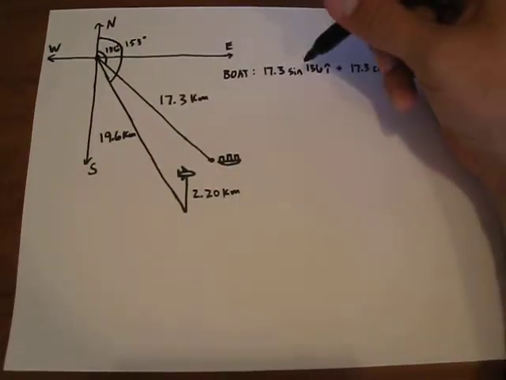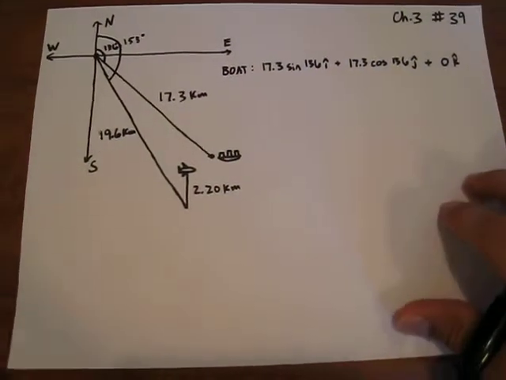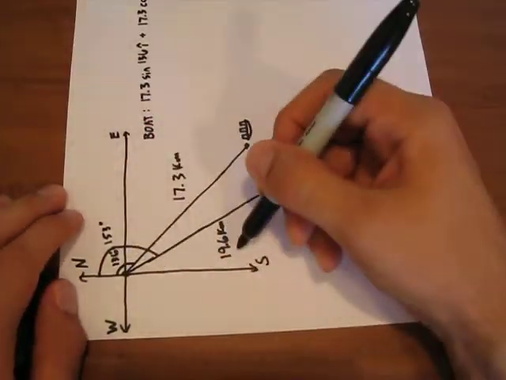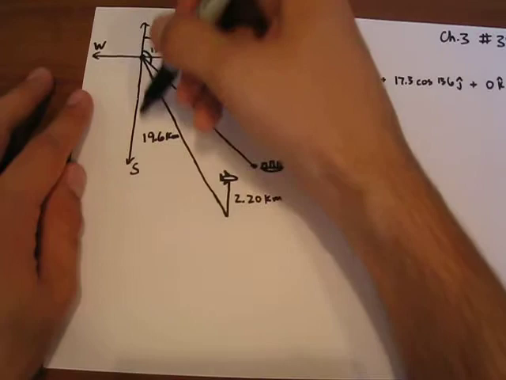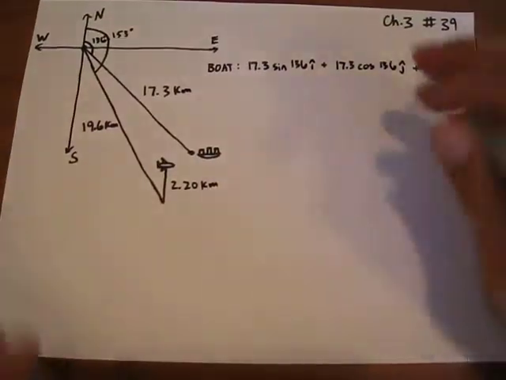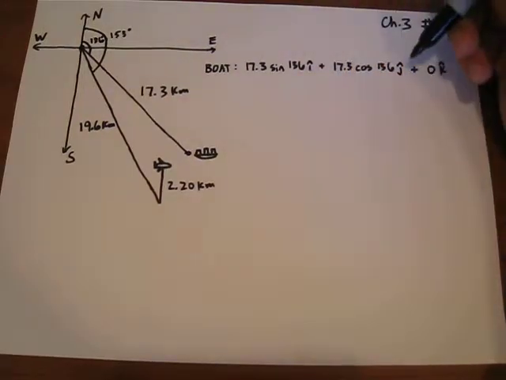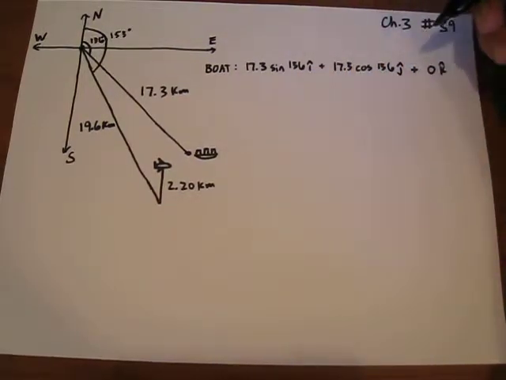So that's why I chose sine, and the same kind of concept with the cosine. If you use cosine in this case, you're going to get this direction, which is actually the j-hat in this view. So sine 136, cosine 136 for the i-hat and j-hat directions respectively.